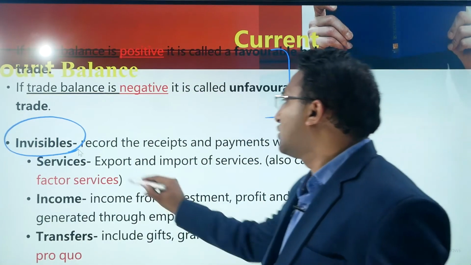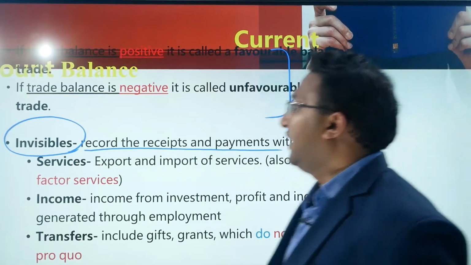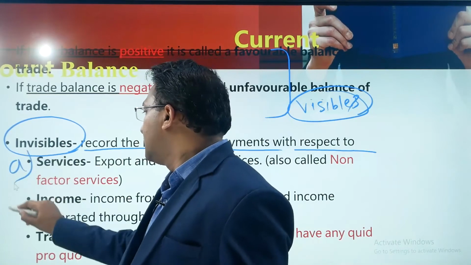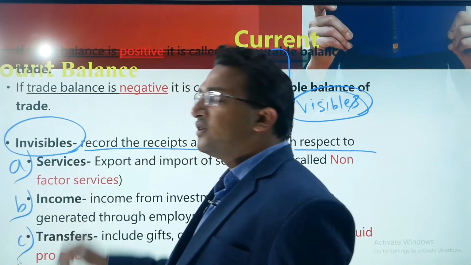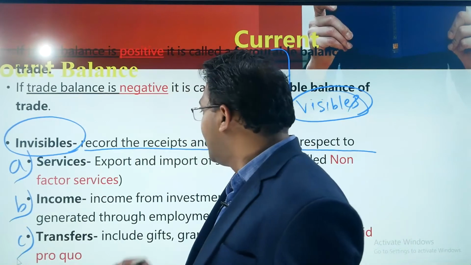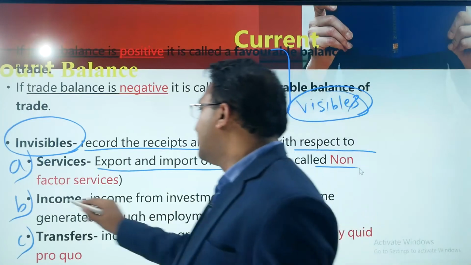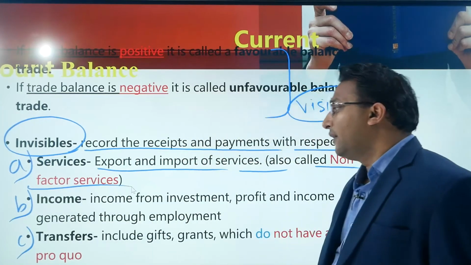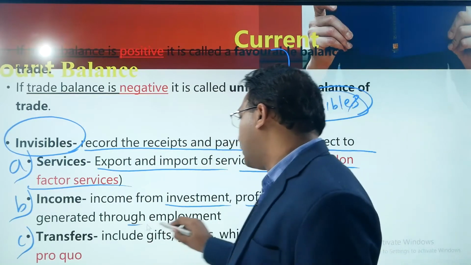So invisibles record the receipts and payments with respect to A, services, B, income, C, transfer. Services or non-factor income. So export and import of services, also called non-factor services or non-factor income. Income from investment, profit and income generated through employment, right?